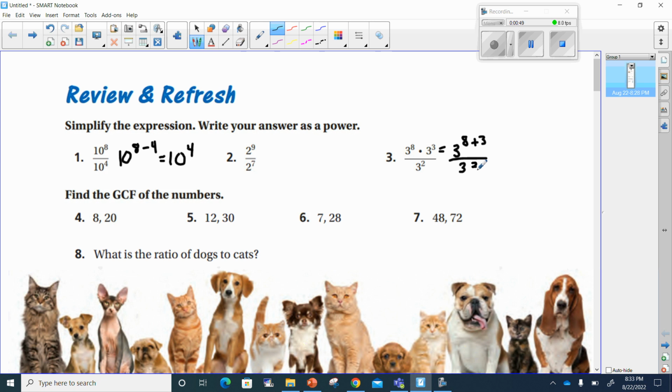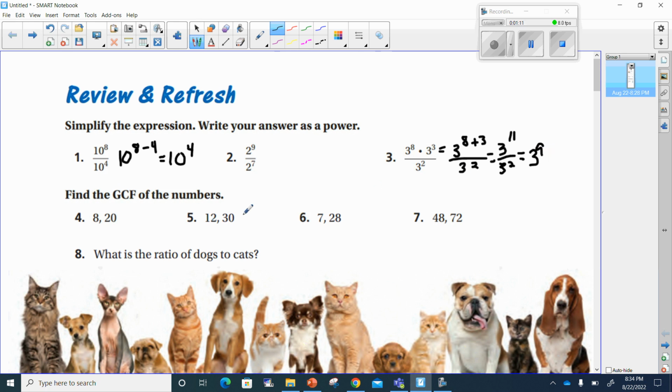We know 8 plus 3 is 11, so this is going to be 3 to the 11th over 3 to the 2. And we know this is going to be equal to 11 minus 2, so this would be 3 to the 9th power.